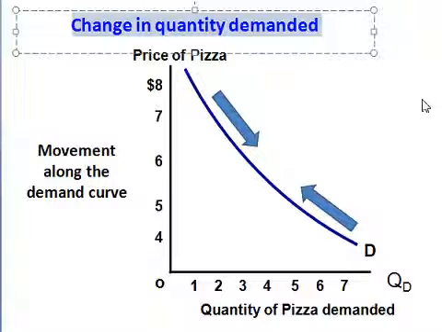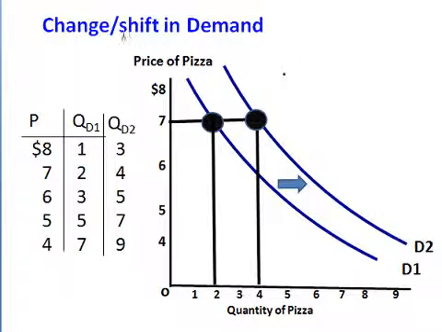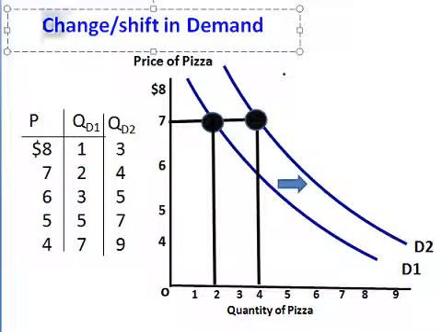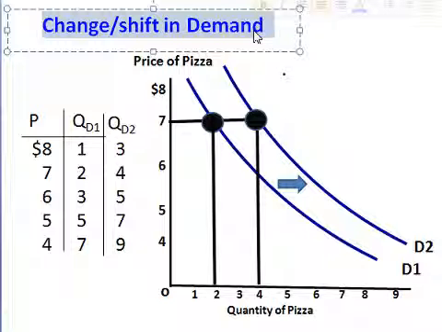Then we talk about the second one, change or shift in demand. Here the story is quite different. Here the price of pizza is fixed, but other factors are influencing the consumer to buy pizza.